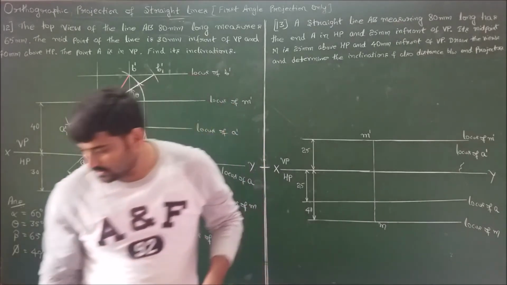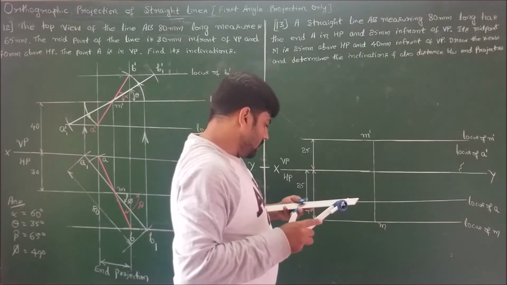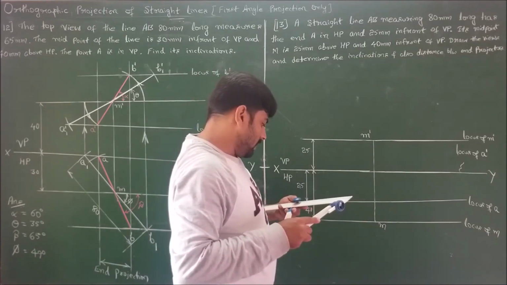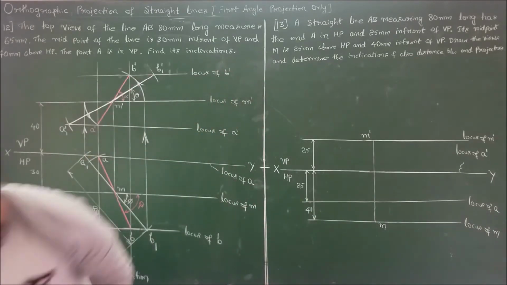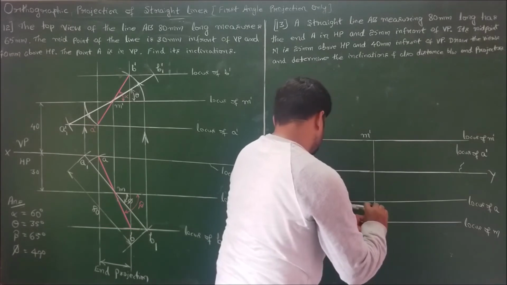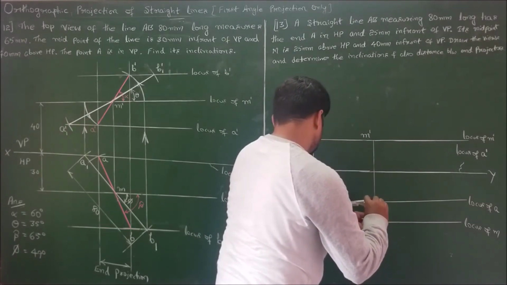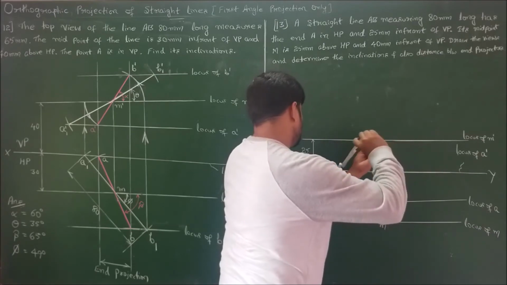That is, measure half of the true length, that is 40 mm measured. Now from the midpoint cut the locus. So from the midpoint cut the locus.